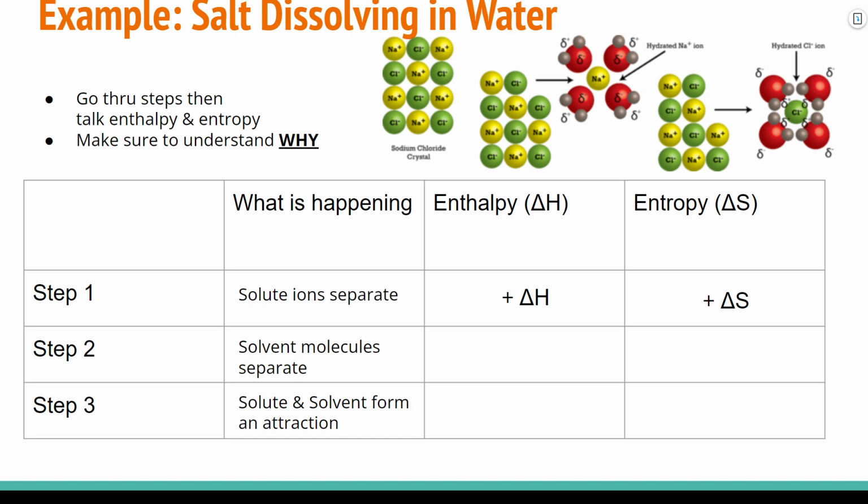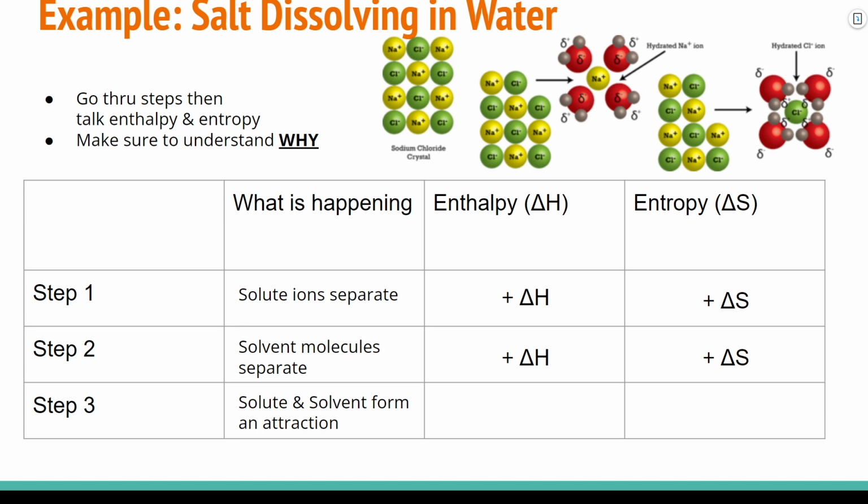Okay? So for step 2, my separating of molecules, so in this case it's water, we're separating the IMF known as hydrogen bonding, and so that also needs energy to separate that IMF. And so again, IMFs, especially hydrogen bonds, have a beautiful arrangement, and so when you break that, it's getting more disordered.